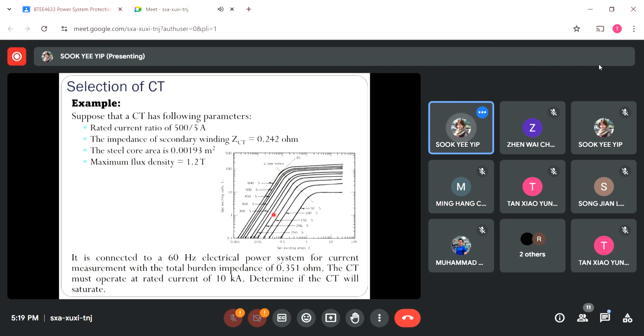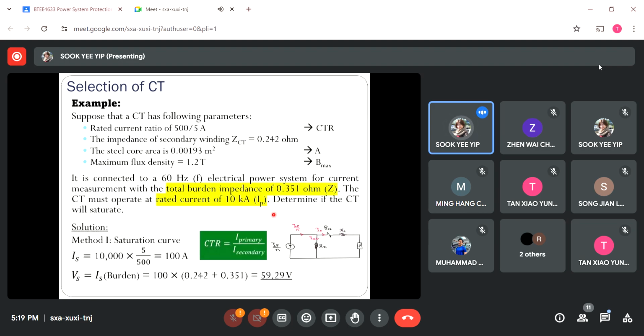All right, so in such a case, we have to find the voltage at the secondary side. To find the voltage at the secondary side, if you look into the equivalent circuit here, I need to know the secondary current as well as the burden value we have, in terms of resistance or impedance value.